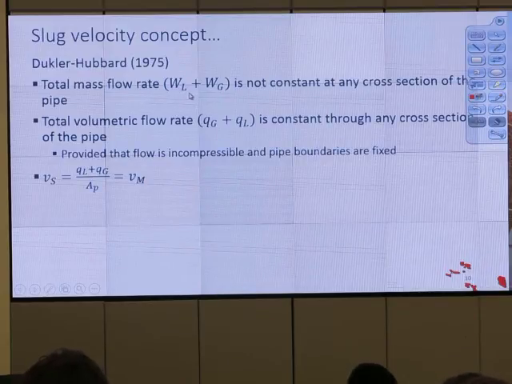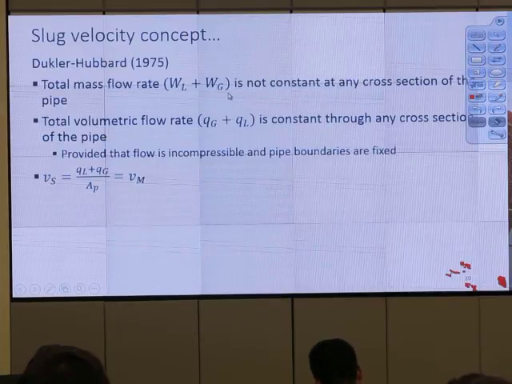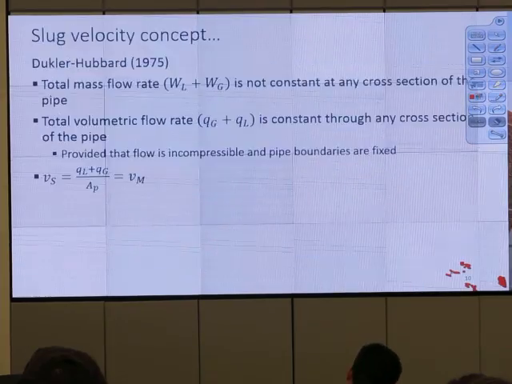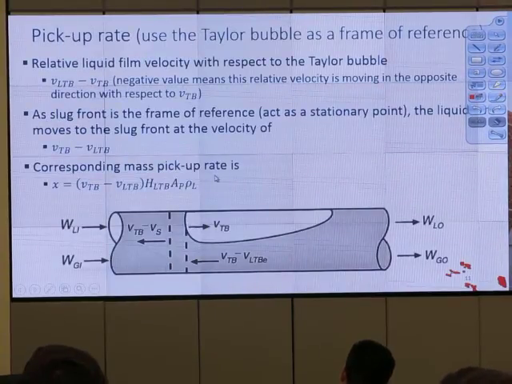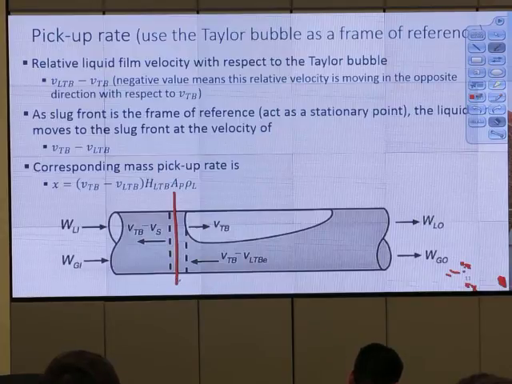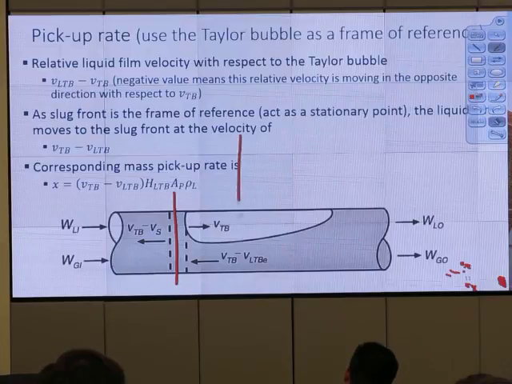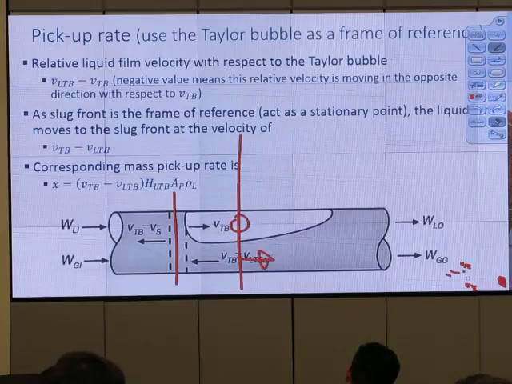The mass, WL plus WG, at any location is not the same. Let's say sometimes we have a slug, so the mass flow rate at that location is high. Sometimes we have mostly gas, so the mass flow rate is not much.